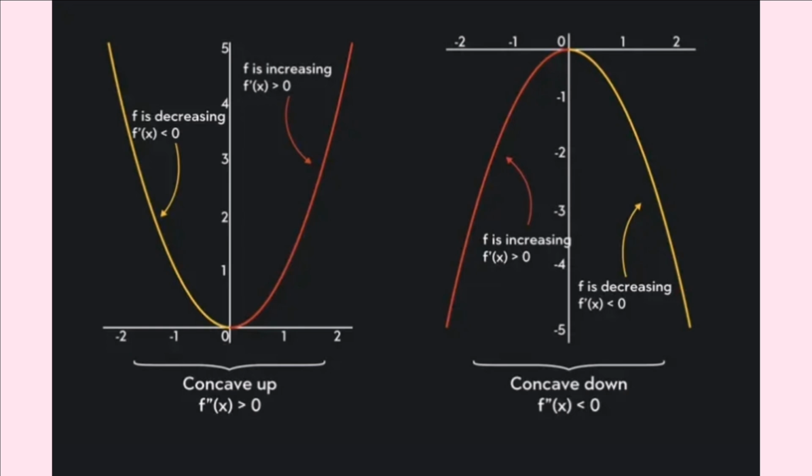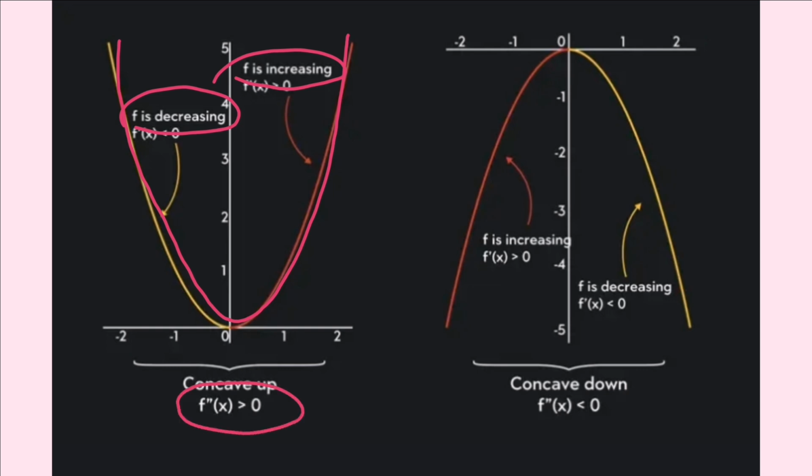Now further, there are two graphs. On the first graph, the function is concave up, so the function first is decreasing, then the function is increasing. So here the second derivative is again greater than 0 by the concavity test.